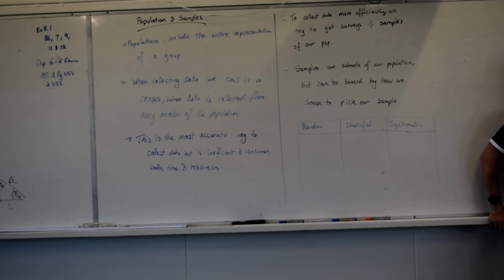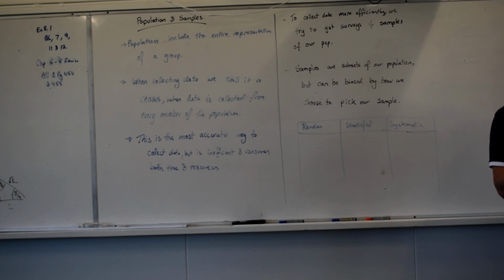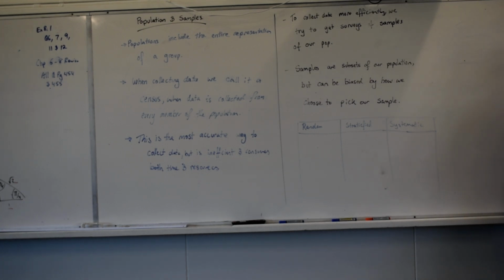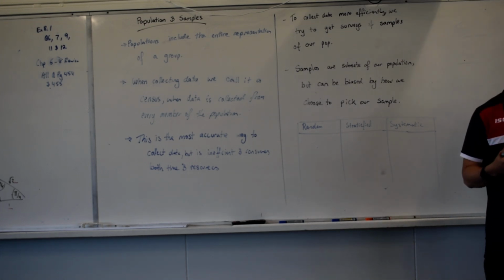And it'll do what? Ask people. So when I walk up to someone and they refuse to engage, will that happen, do you think? Yes. And do you think the people that refuse to engage all have similar characteristics? Yeah. So am I getting a biased sample or a truthful sample of the population? Getting a biased sample. So it's very, very difficult to actually truly get a random sample, but there are ways.